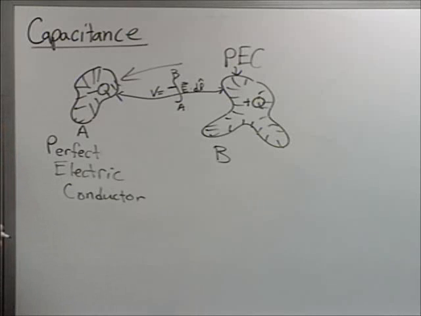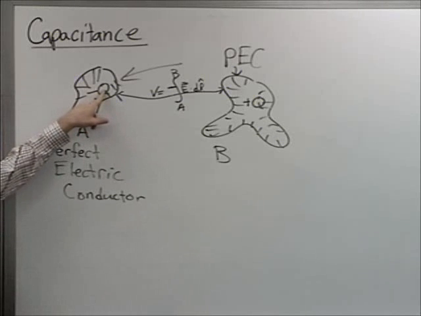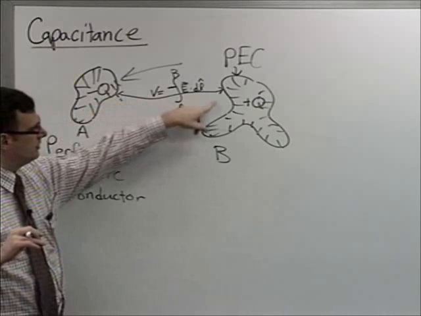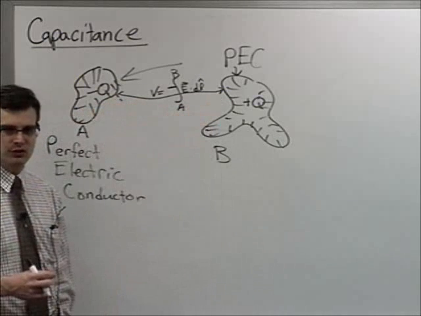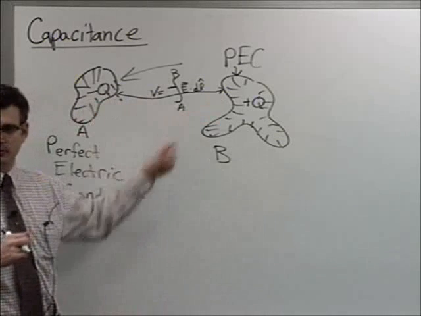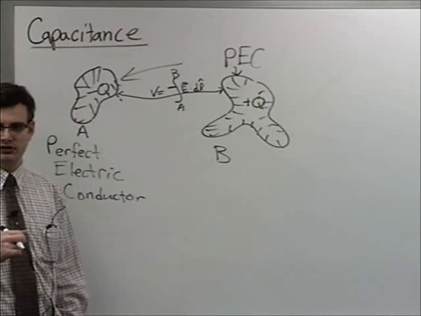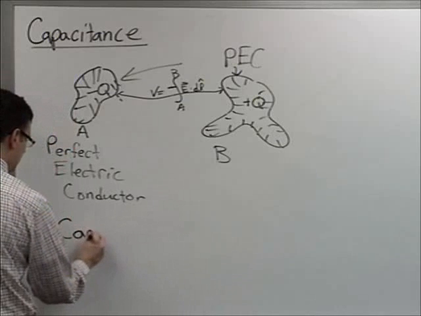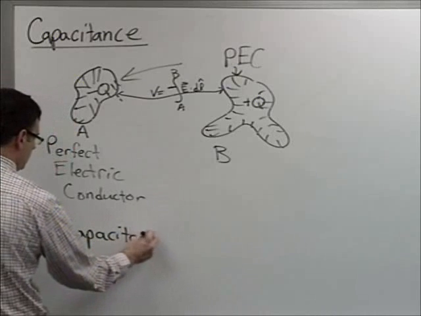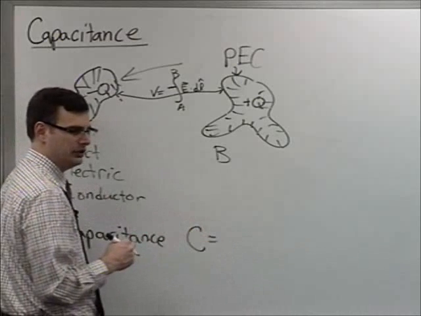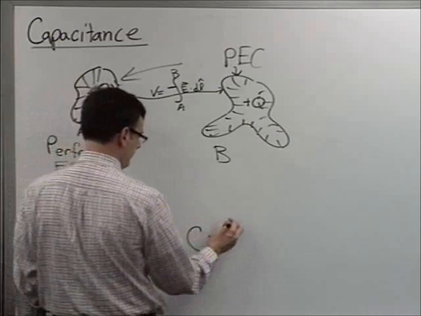And it turns out that for a fixed geometry, the amount of charge that you wind up separating, and the amount of voltage that you accumulate, the work that you have to do on the system, is always proportional. So if you double the charge, you'll double the voltage. They're always proportional to one another. That constant of proportionality is what we call the capacitance, in farads, and this is honest to goodness farads, not farads per meter that we talked about in transmission line theory.